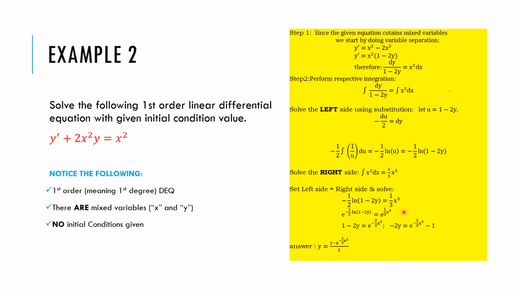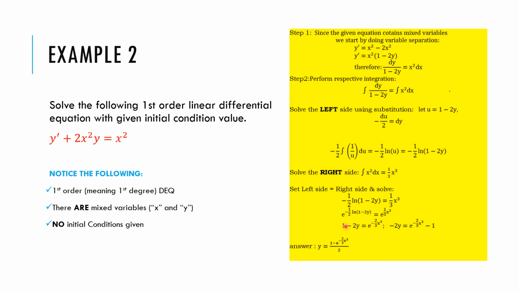Solve for y. In order for me to solve for y, I'm going to raise all of this to the, I'm going to do e raised to negative 1/2 times ln of 1 minus 2y equals e raised to 1/3 x cubed.